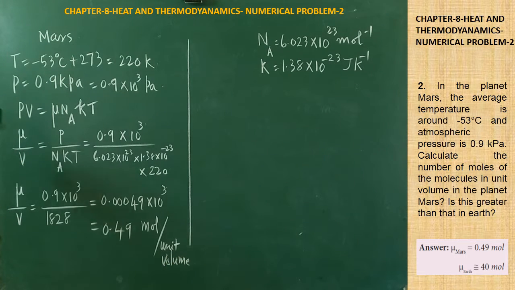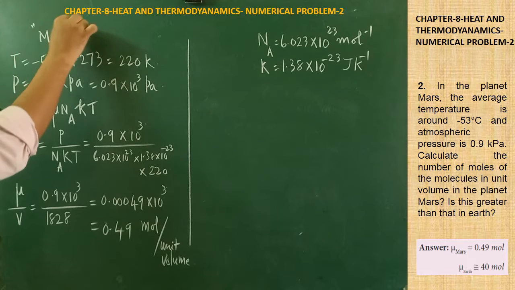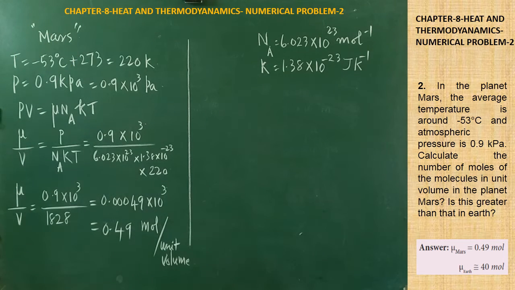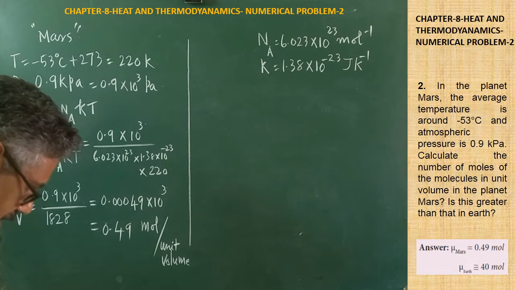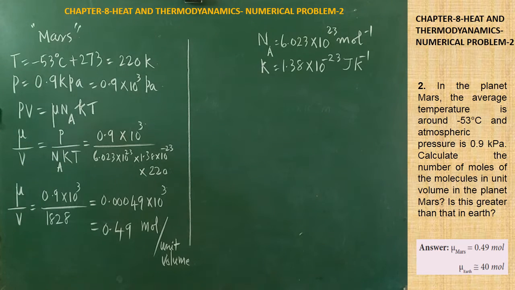So these are all the values obtained in the case of Mars. Now we have to find the same thing in the case of Earth, and the answer obtained for Earth is to be compared with the answer obtained for Mars. Same steps, but you should know the other data related to Earth.